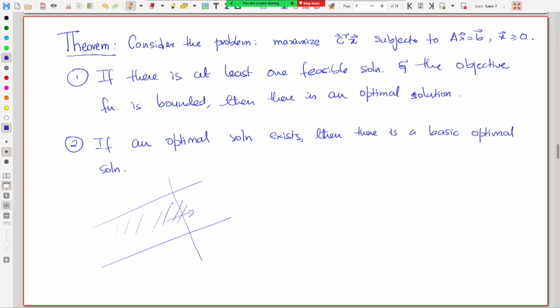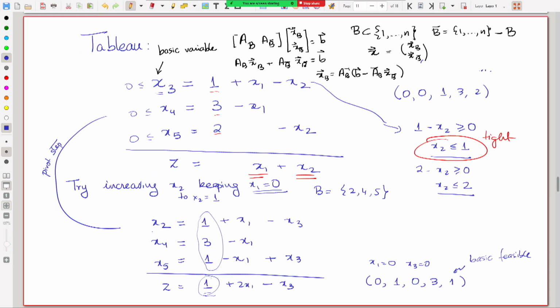In fact, if the objective function is unbounded, that means for each real number, you can find a feasible solution such that the value of the objective function is greater than that real number. That is what it means to say that it is unbounded. When I am saying unbounded, I mean if it is a maximization problem, then it is unbounded above, and if it is a minimization problem, it is unbounded below.